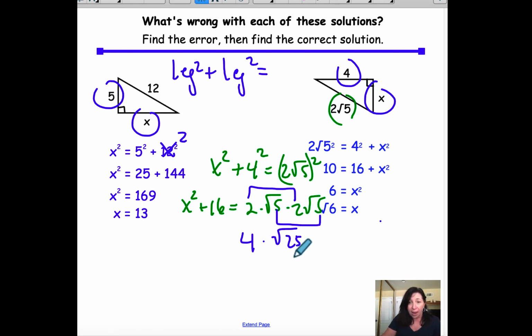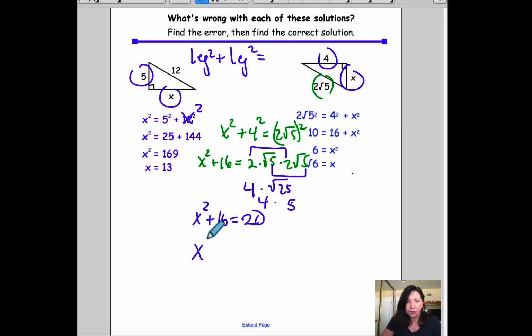Root 25, 5. And so I have 5 times 4, which is 20. So I've got x squared plus 16. So I'm going to subtract 16, and I get x squared is equal to 4. I'm going to take the square root of both sides, and the square root of 4 is 2.